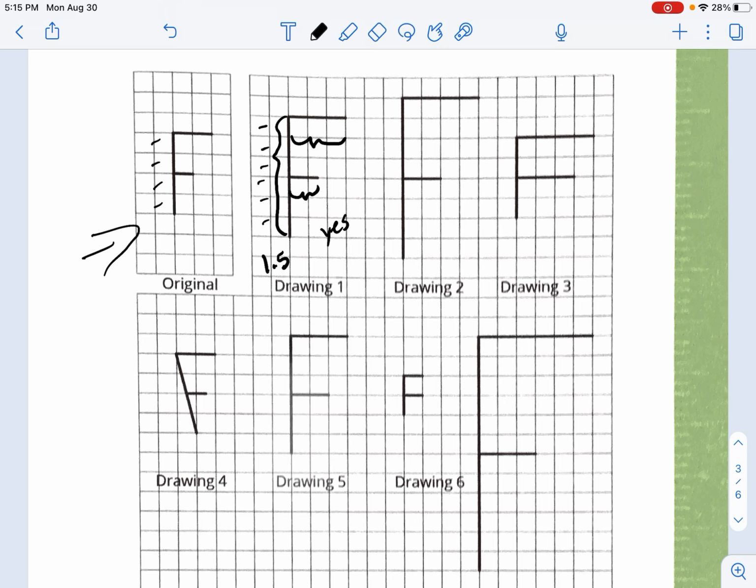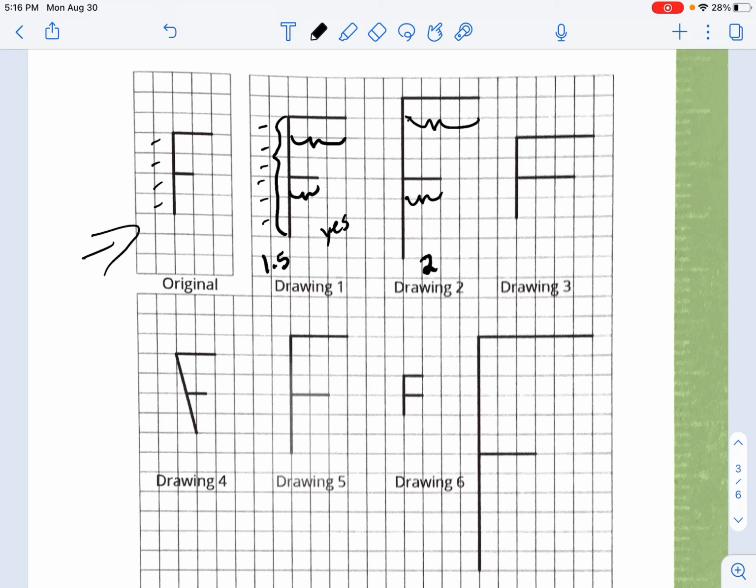Okay, drawing 2, we're going to do the same way. We look at the height of this. The height is 8. The original height is 4. So that has a scale factor of 2. Now, if this dimension is 2 times the original length of the top, and this dimension is 2 times the original length of the middle line on the F, then it's a scale copy.